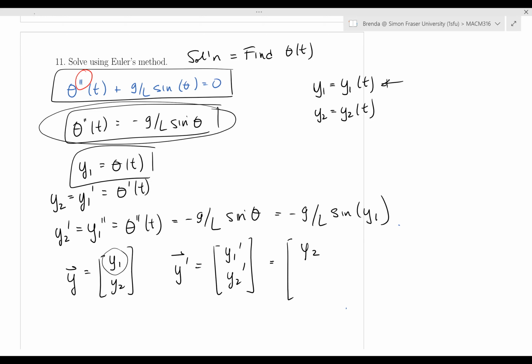And what is y2 prime? It's negative C over L sine y1. There, okay, there we are.